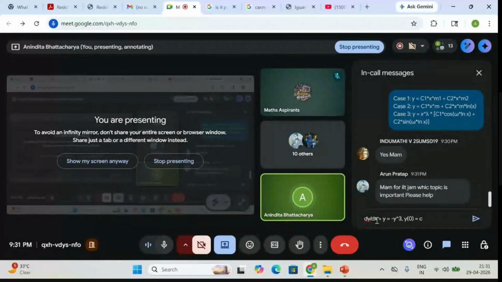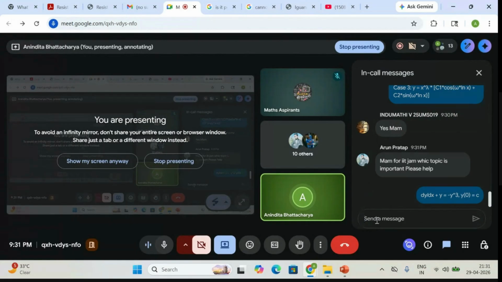That is a question I will not be able to say because I haven't looked into all IIT JAM papers. I think sir might be able to help. Sir, Arun has a question. Yeah, I have seen it.